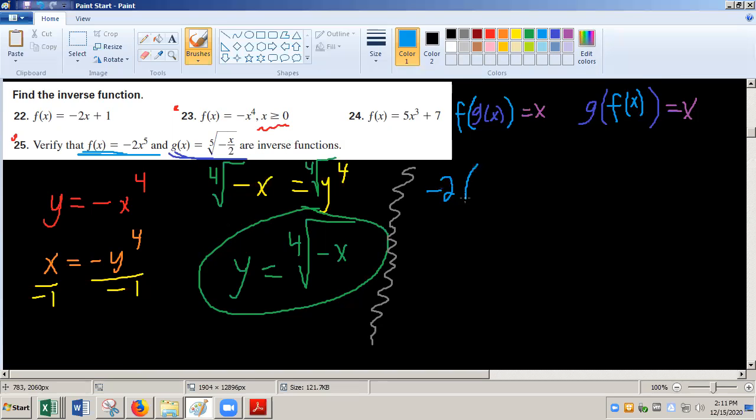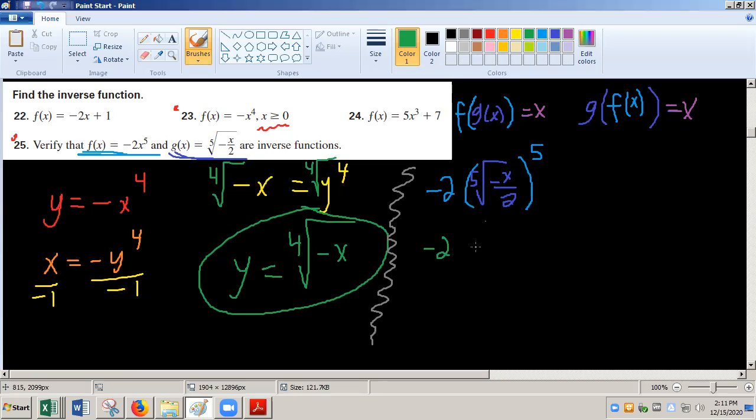negative 2 times this thing raised to the 5th, where this thing is the 5th root of negative x over 2. So when I'm looking at this thing and I'm evaluating, I'm trying to solve for it, I say, okay, well, I have a 5th root raised to the 5th, so that cancels off.